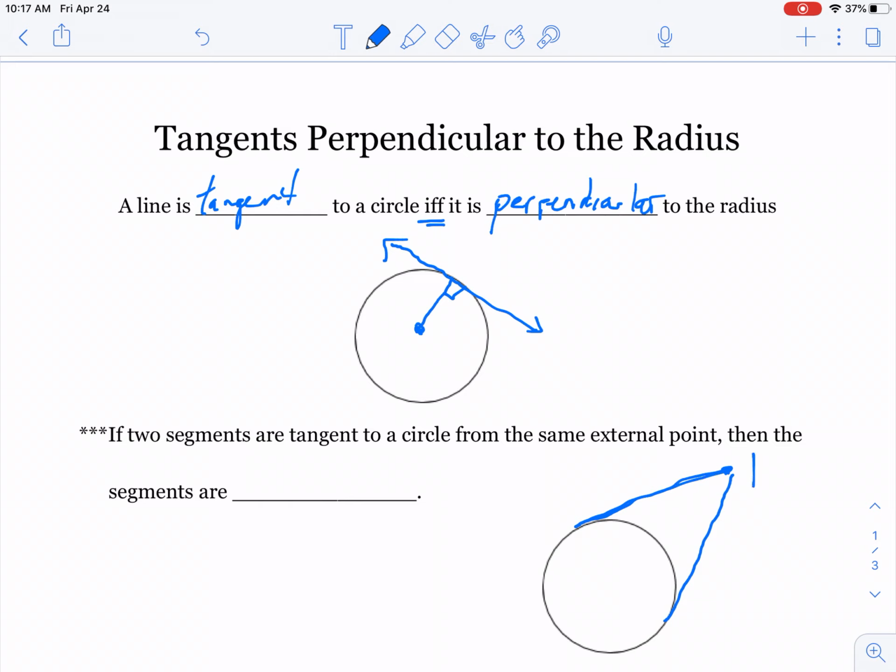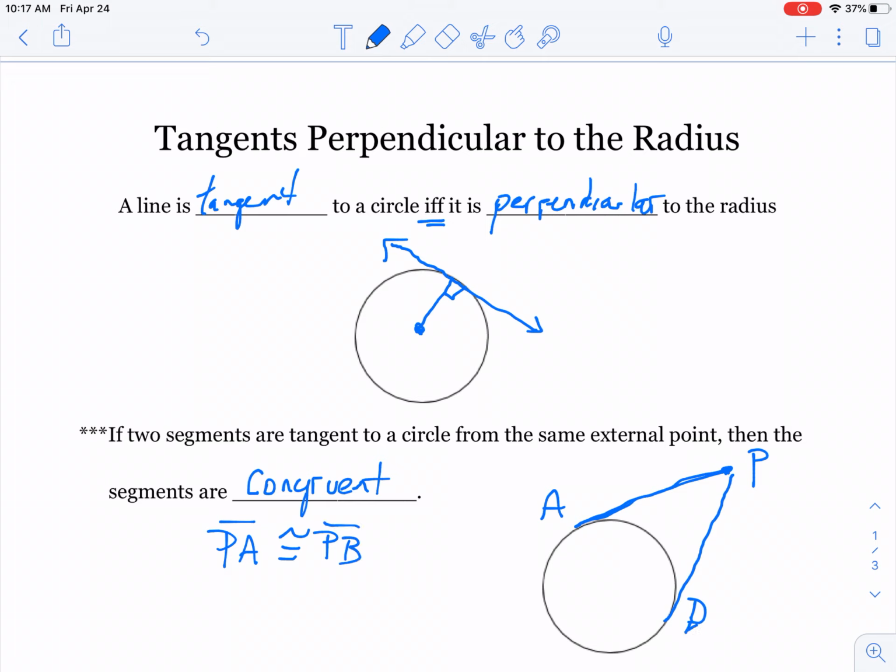I'll call the point out here P, and then the points of tangency are this one A and this one B. What we know is that those two segments are congruent if they come from the same exterior point. So we're going to say that segment PA is congruent to segment PB.